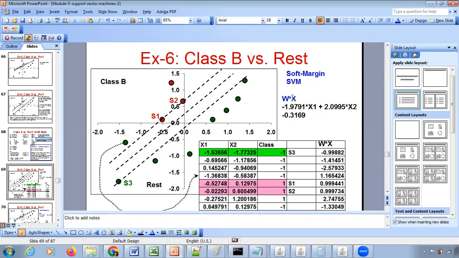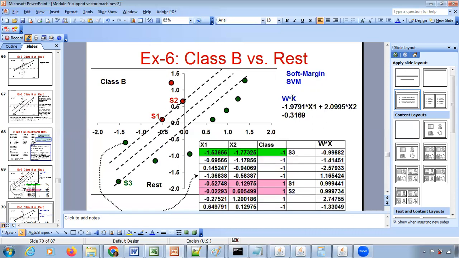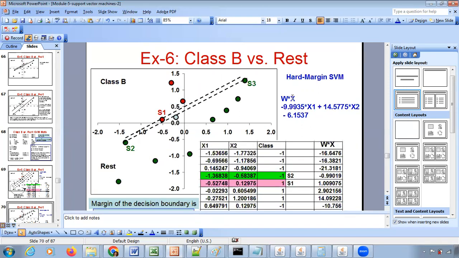So this is a reasonably good soft margin classifier, and it can cleverly identify boundary cases like this. A test case that should really belong to class B will be predicted to belong to class B in this case. Whereas if you use a very narrow hard margin classifier, it may wrongly predict it to belong to some other class.